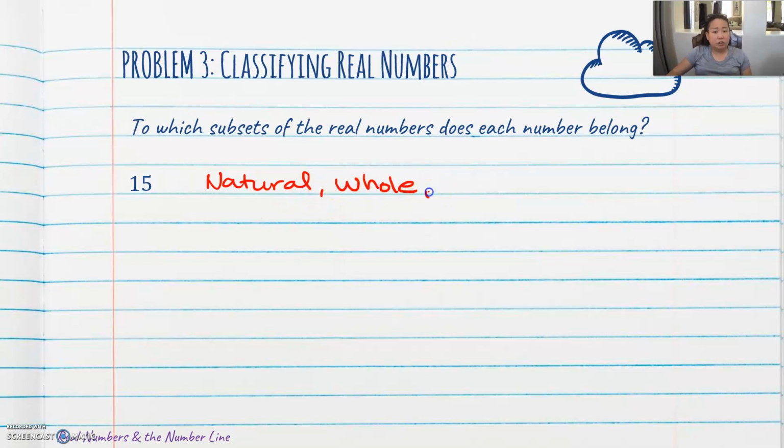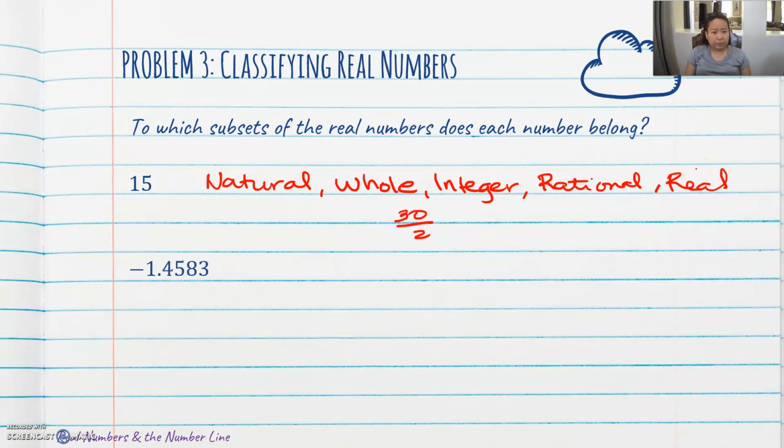Is it an integer? Definitely. Is it a rational number? Can you write 15 as a ratio of two different numbers? Well, I think I can write it as 30 over 2. Okay, 30 over 2 is a ratio, so definitely it is a rational number, and definitely it's going to be a real number as well.